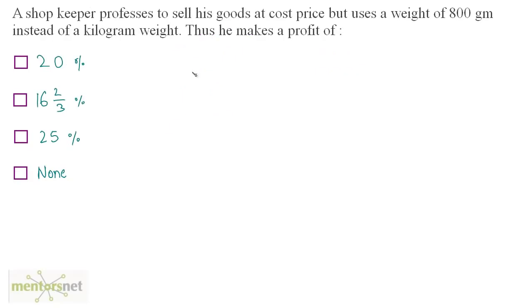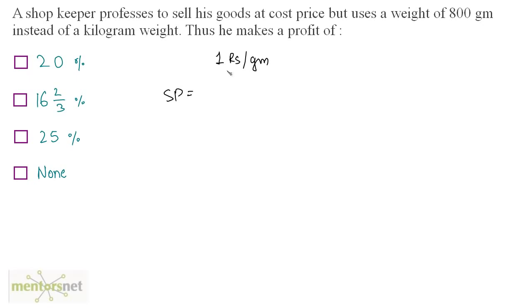A shopkeeper professes to sell his goods at cost price, but uses a weight of 800 grams instead of a kilogram weight. Thus, he makes a profit of. Firstly, let us assume that the cost at which this shopkeeper buys his goods is 1 rupee per gram. He sells his goods using a weight that is actually 800 grams, but shows that it is a kilogram weight.